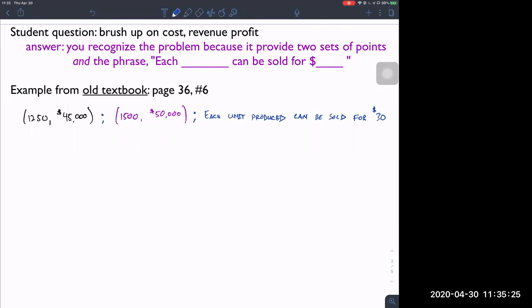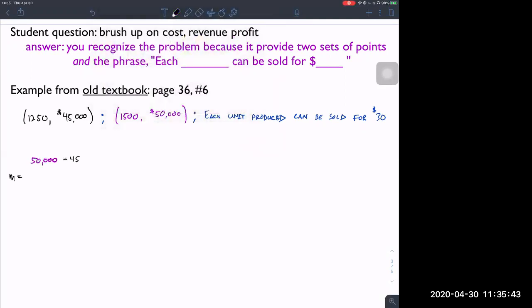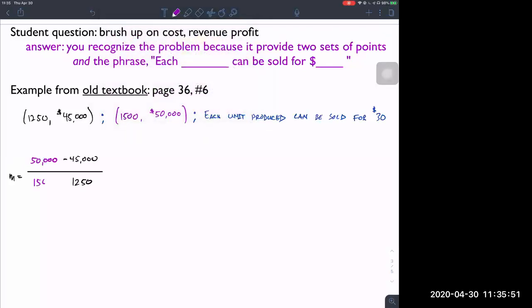So what do we do first? Find the slope. Yep. So your setup should look like this. I'll color code it as well. 1250 minus 1,500.